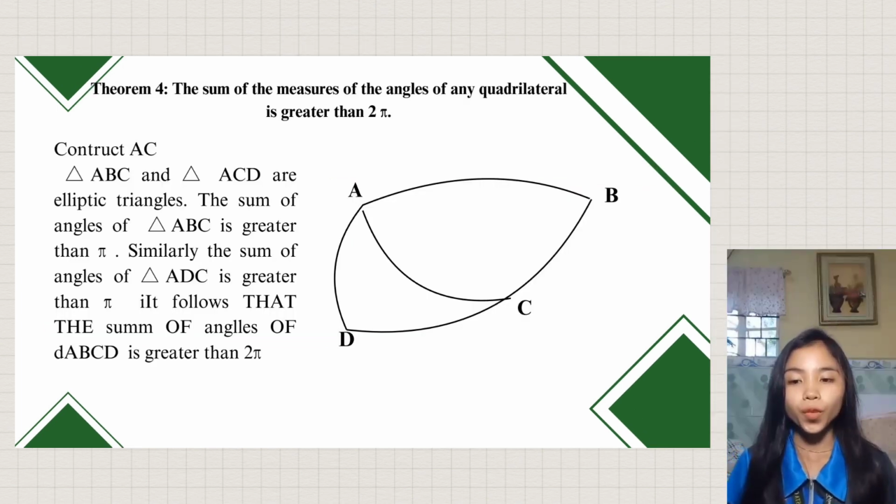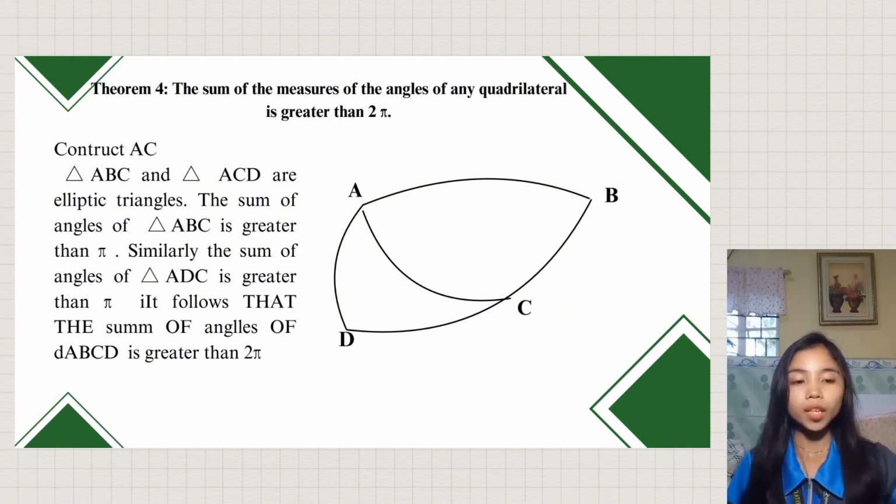In our theorem 4 example, construct AC. Triangle ABC and triangle ACD are elliptic triangles. The sum of angles of triangle ABC is greater than pi. Similarly, the sum of angles of triangle ADC is greater than pi. It follows that the sum of angles of ABCD is greater than 2 pi.